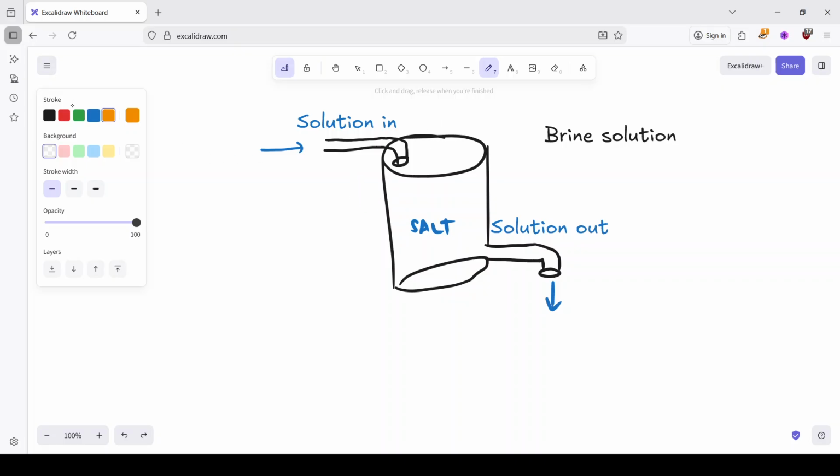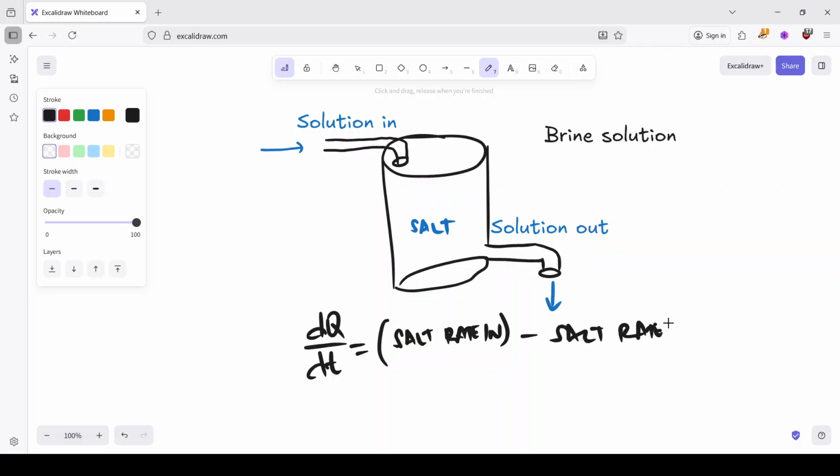Now in the formula for a dilution problem or mixture problem, again we will use salt as the model. The amount of salt inside depends on the rate of the salt going in, salt rate in, minus salt rate out.